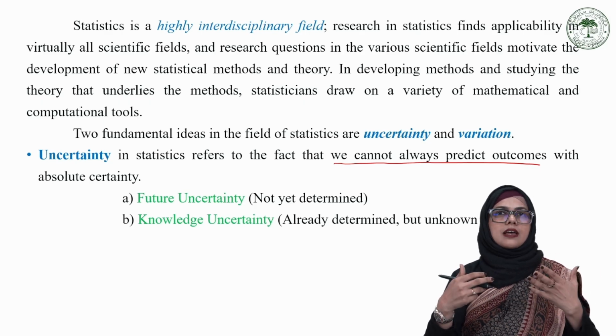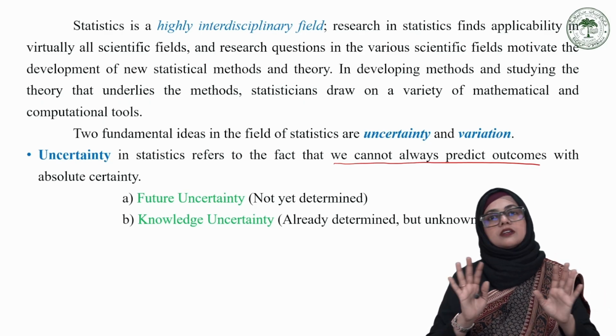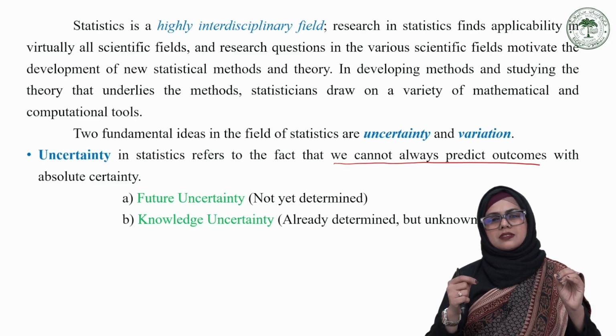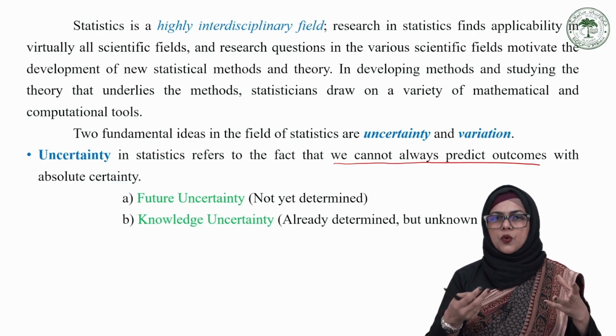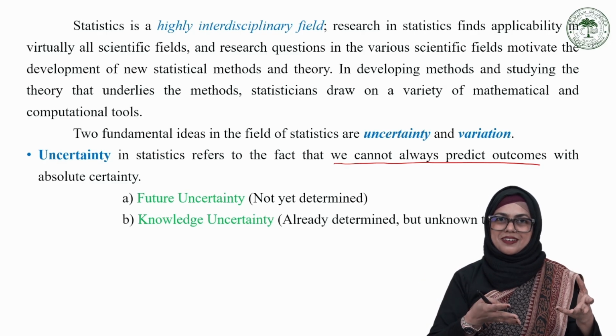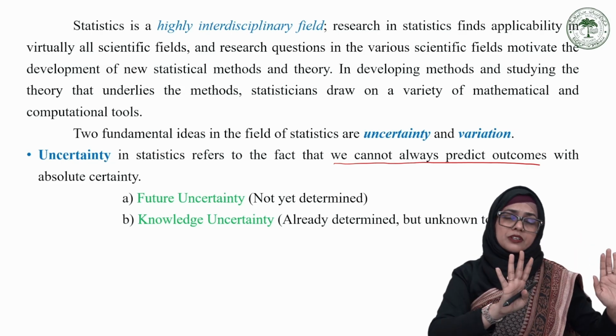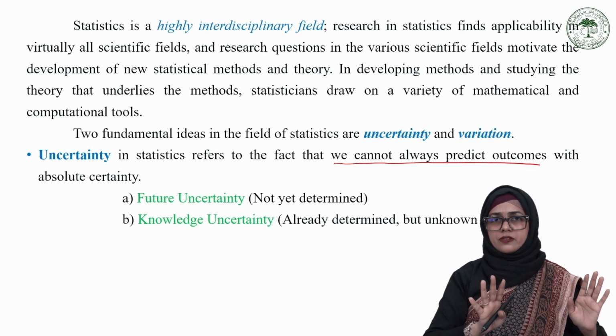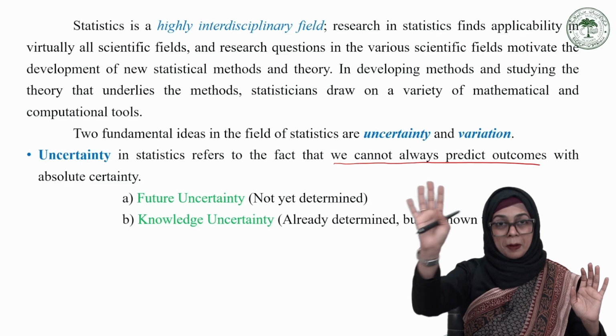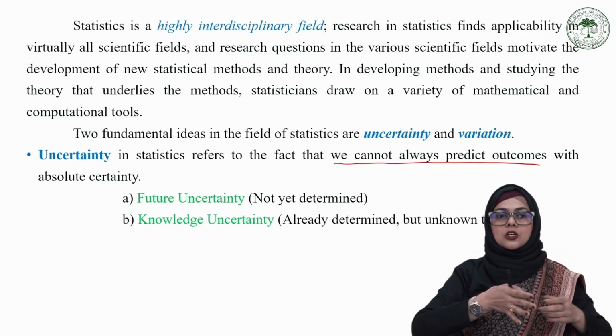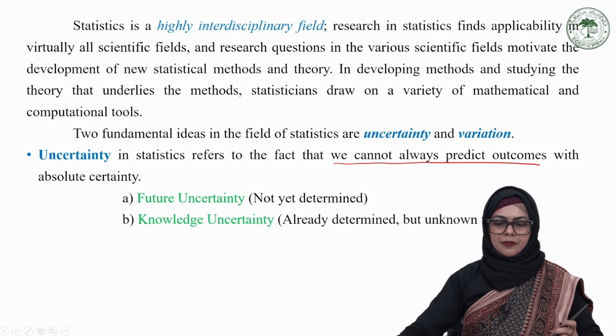For example, you gave an exam, but the result is not out. It's a knowledge uncertainty. You still want to know what you scored in that test, right? But the evaluator has already made the mark list, though they have not published the result on the public platform. So you see, this is knowledge uncertainty.